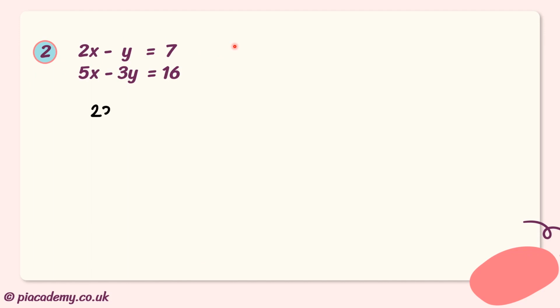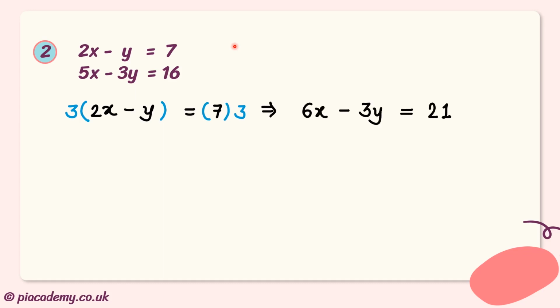So we have 2x minus y equal to 7 and we multiply it by 3 on both sides. On expanding the brackets, we'll get 6x minus 3y equal to 21. Now that the coefficients of y are the same in both the equations, let's do column subtraction.